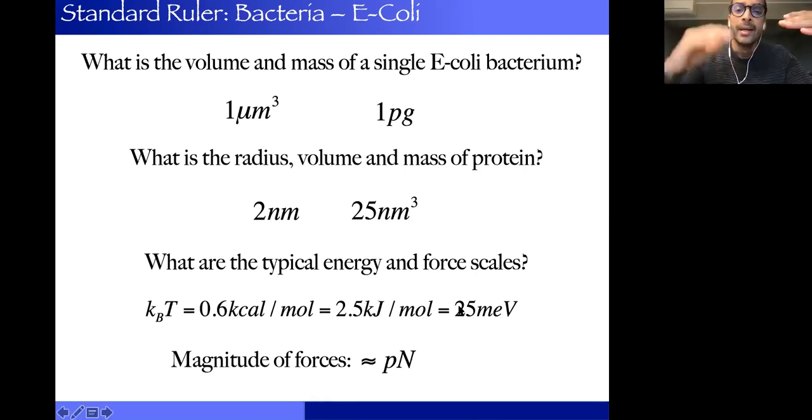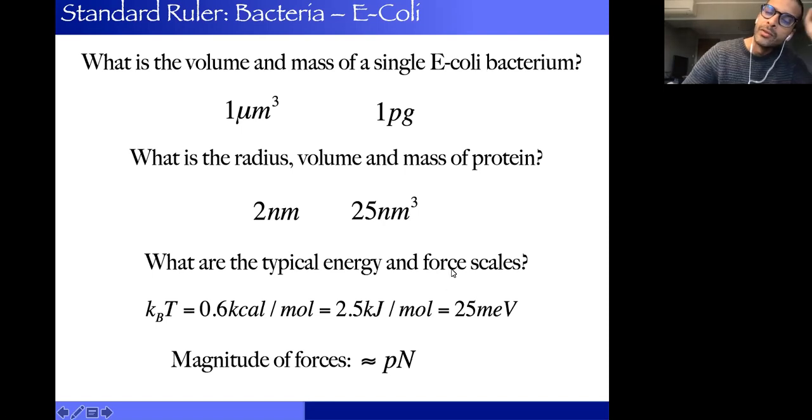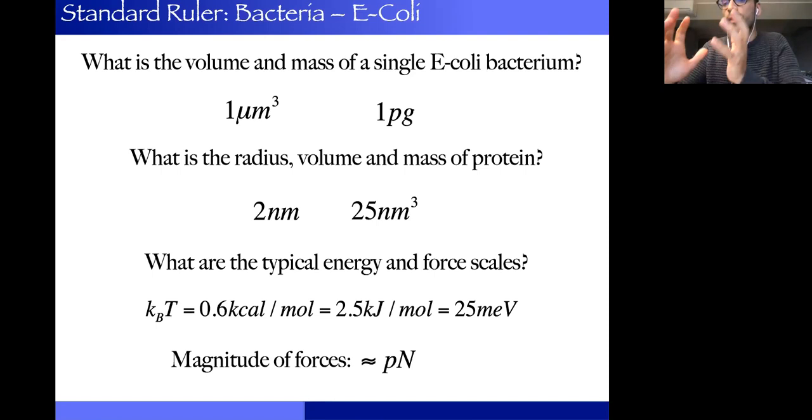And as you will see more concretely towards the end of this lecture, force is energy over a length, right? And so the typical forces that one is dealing with in biological systems are on the order of piconewtons.